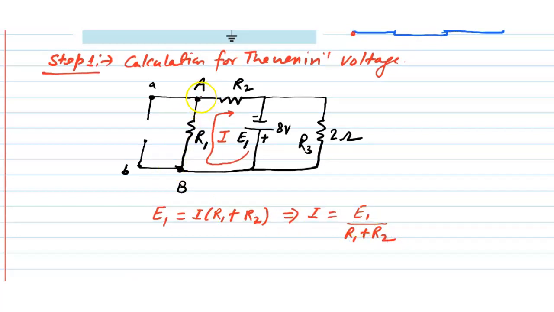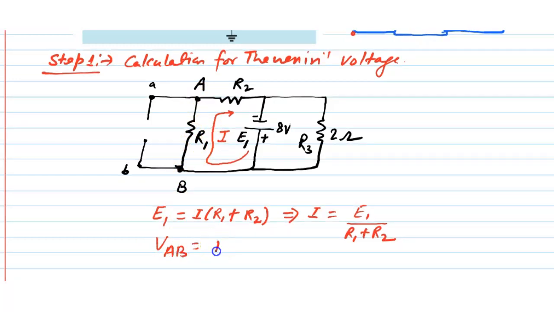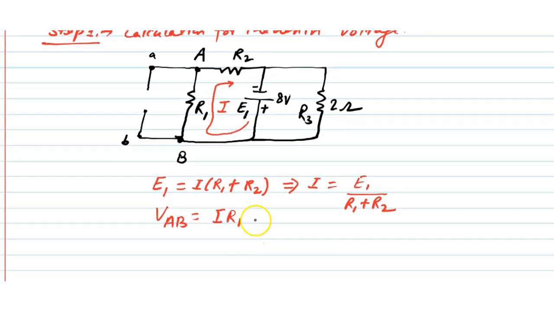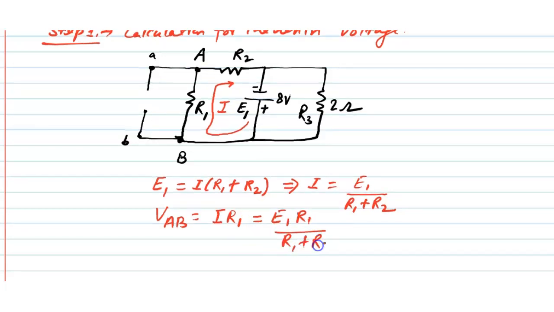Now we can find the voltage drop across this resistance, that is VAB is equal to IR1, and IR1 is E1 times R1 upon R1 plus R2.